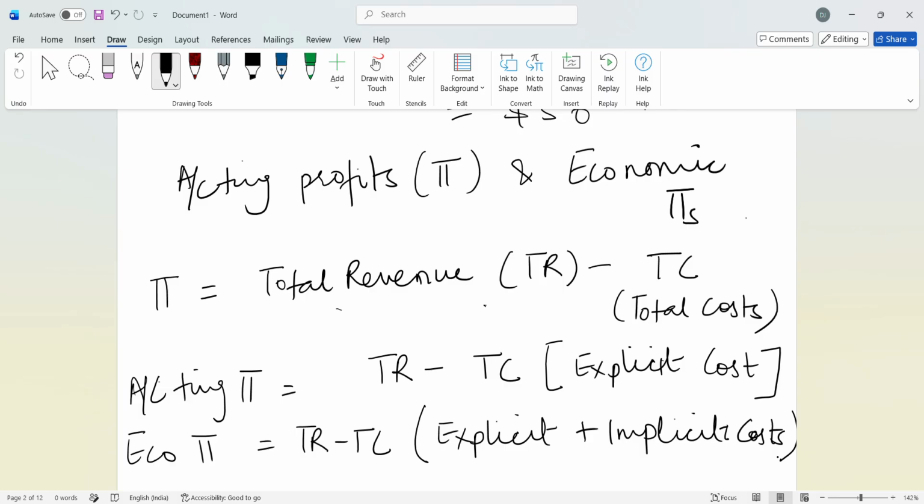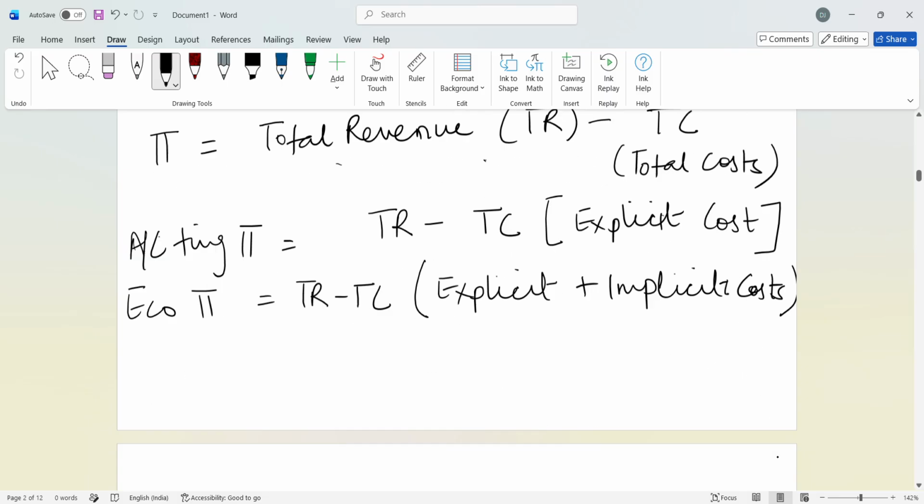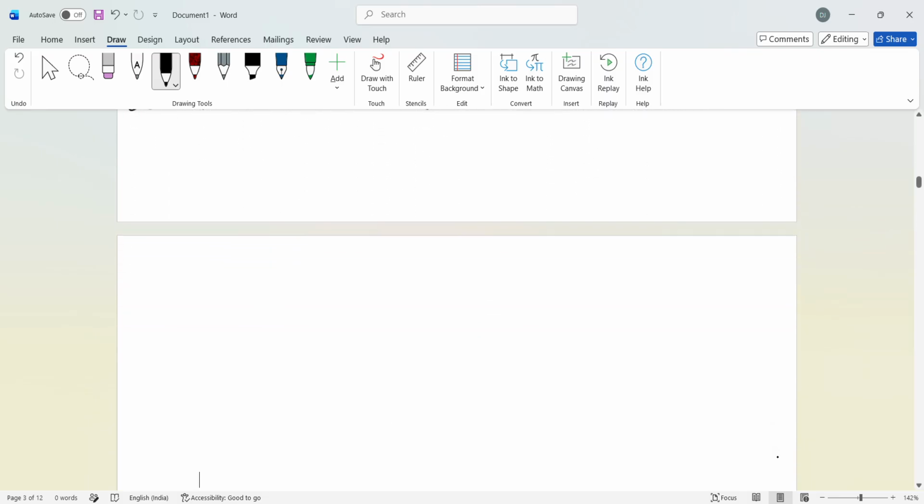That's the major difference between an accounting profit and an economic profit. So what can happen at times is that you have a positive accounting profit, but you might have a negative economic profit. That might also happen.